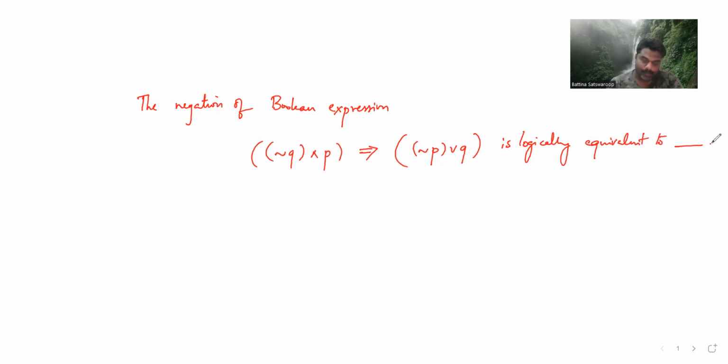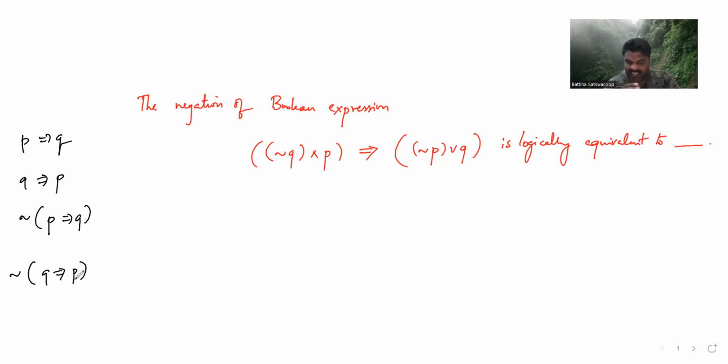Options are: P double implies Q, Q double implies P, negation of P double implies Q, negation of Q double implies P. So only logical equivalence. No need to write a truth table and all. Directly you can move ahead.